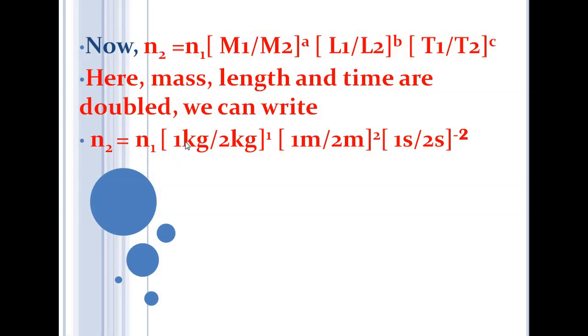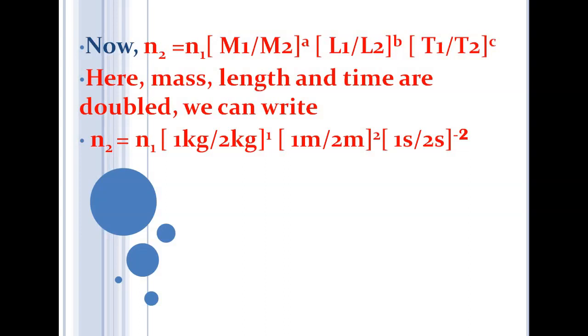If 1 kg is chosen as m1, then since the mass is doubled, m2 must be 2 kg, and a equals 1, the dimension of mass. Similarly, if 1 meter is chosen for L1, L2 must be 2 meter, and 1 second, 2 second, with b equals 2 and c equals minus 2.